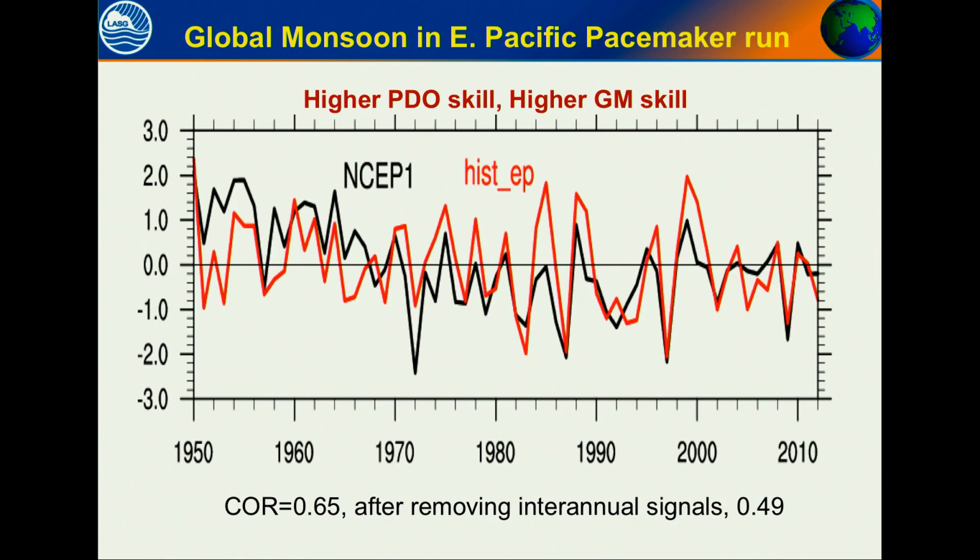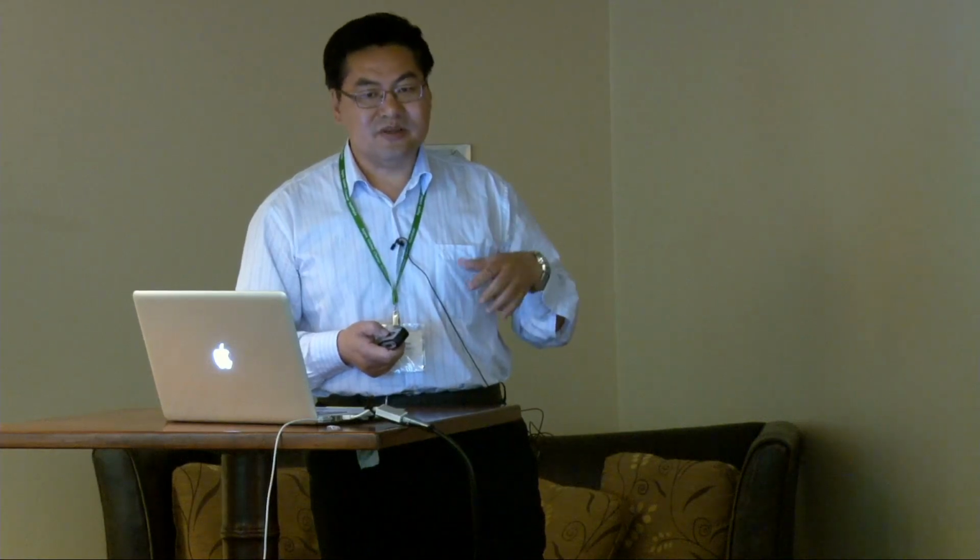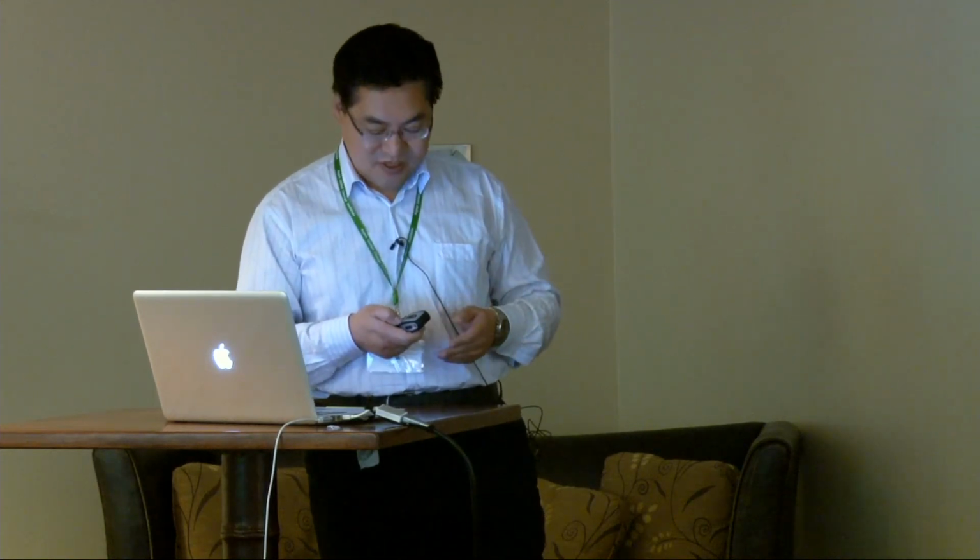So based on this, we can say if we can get a higher PDO skill, then we can get a higher global monsoon skill. But the question here is, at least based on the result of the multi-model ensemble of CMIP5, the current state-of-the-art models' skill in the prediction of PDO is pretty low. So this kind of model weakness may pose a challenge for the prediction of global monsoon.